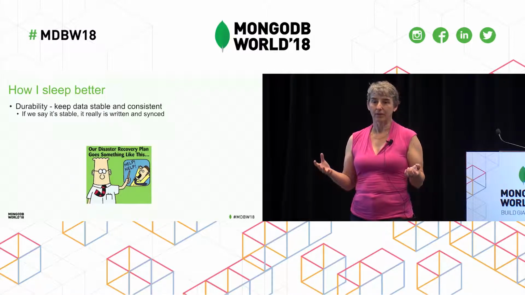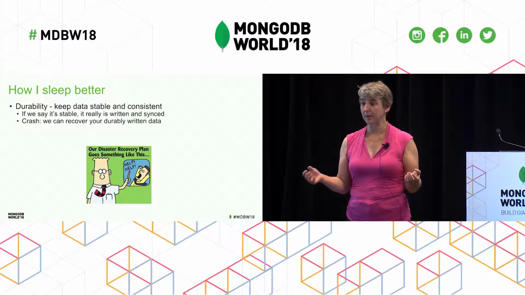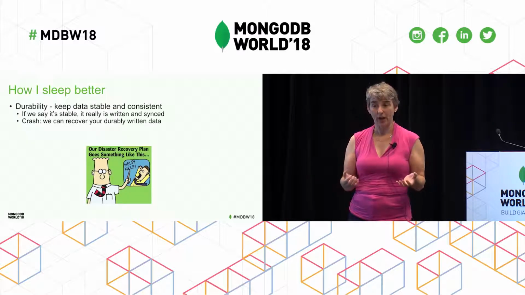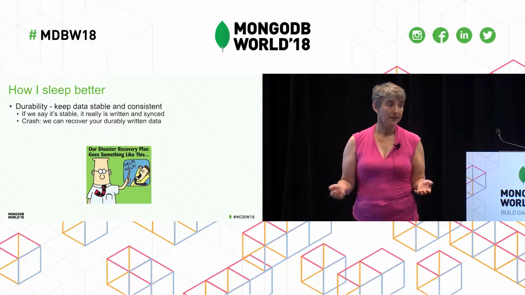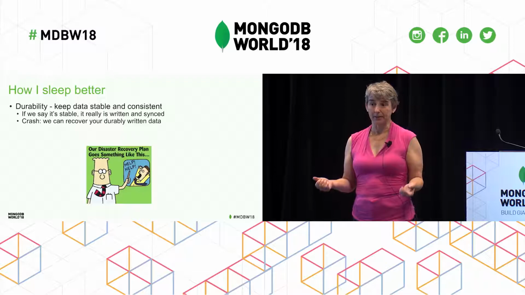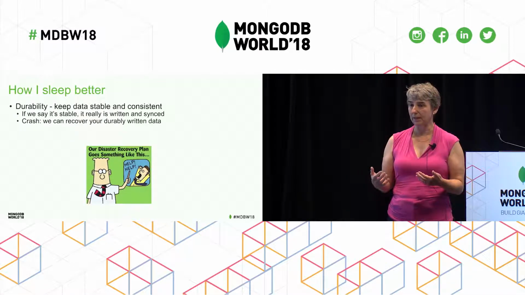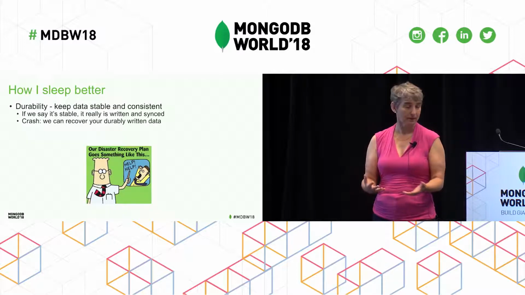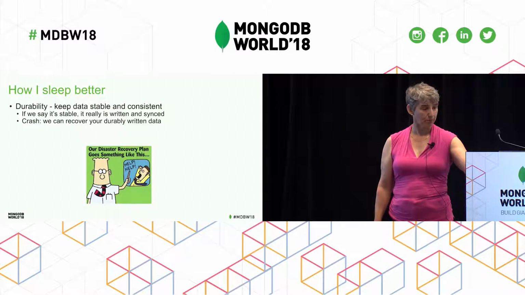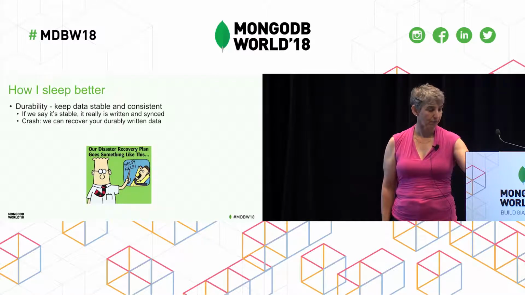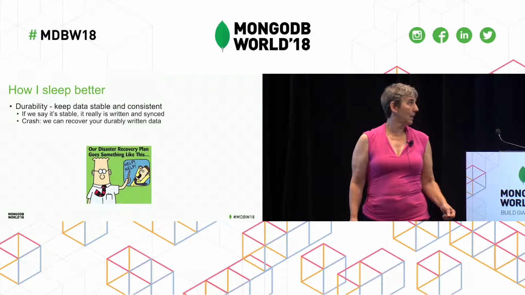And not only when we say your data is stable and written, great, it's out on a disk somewhere, but when a crash happens, because it inevitably will, we can make it come back. We know how to find the data. We know how to make it consistent again with the rest of the system. We can make it usable to you. So after a restart, after a crash, we can recover your data for you.